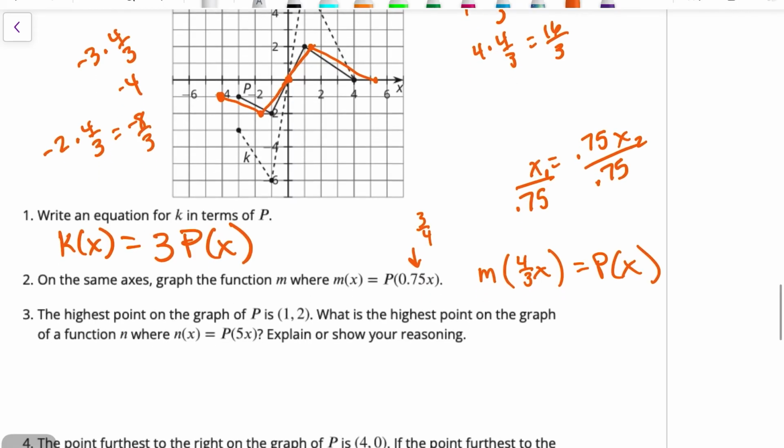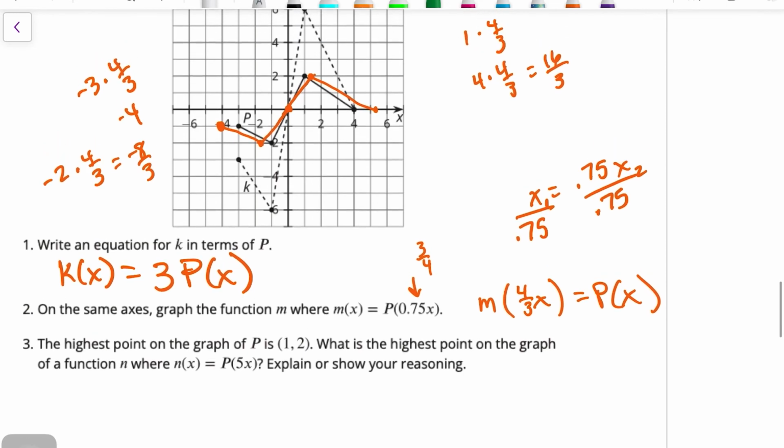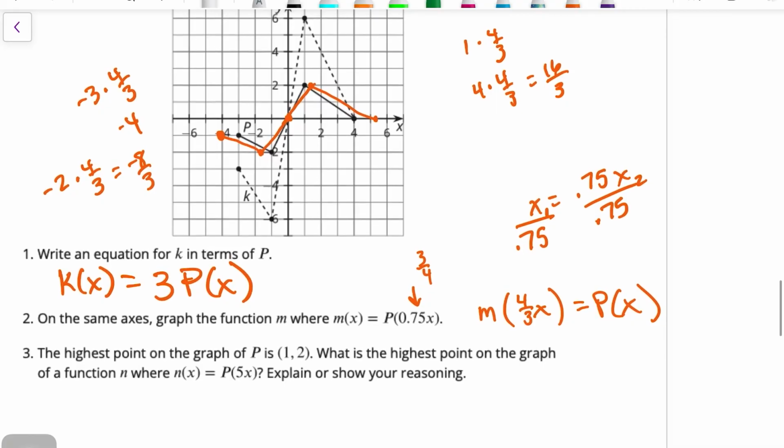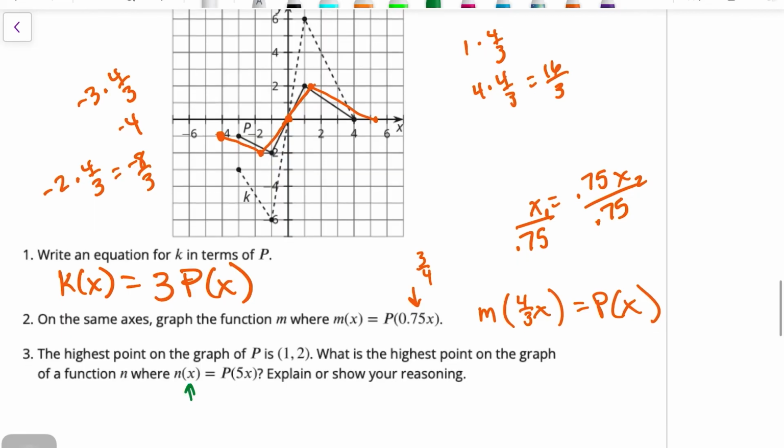All right, the highest point on the graph of P is 1, 2. What is the highest point on the graph of a function n, where n is P of 5x? And so remember that wherever x is 1 here, then x here is 1/5, right?